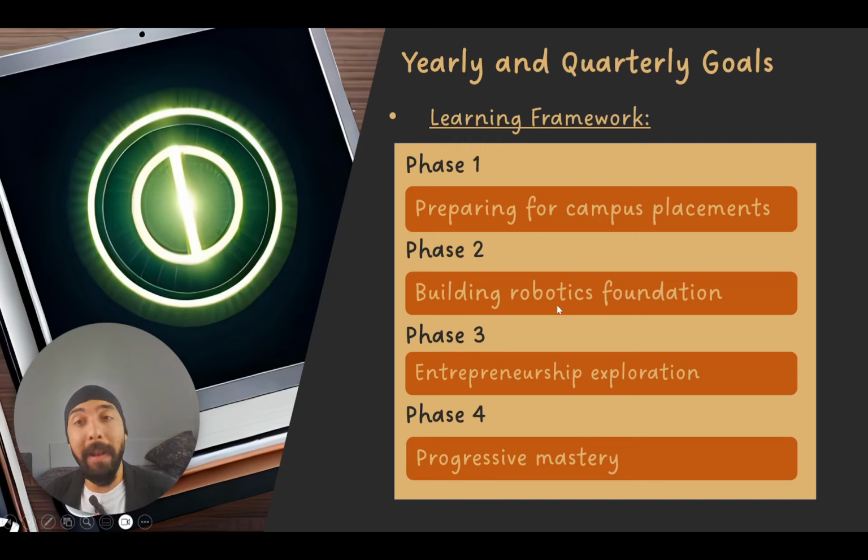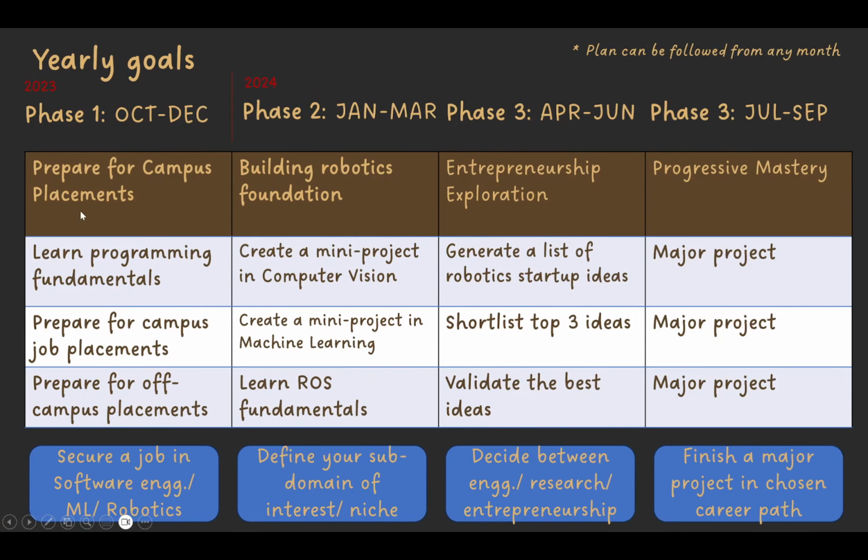So notice that this plan is absolutely different from all of the previous plans that I created because the situation is also very unique. He wants to explore entrepreneurship as well, business related things, systems engineering, different aspects of robotics engineering and research and so on. More specifically, the plan looks like this.